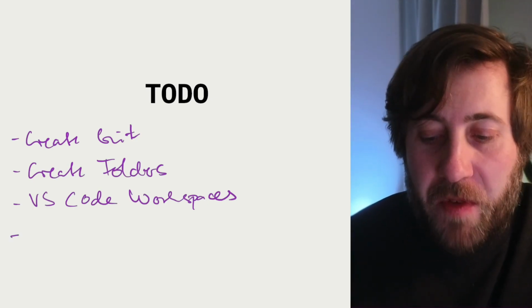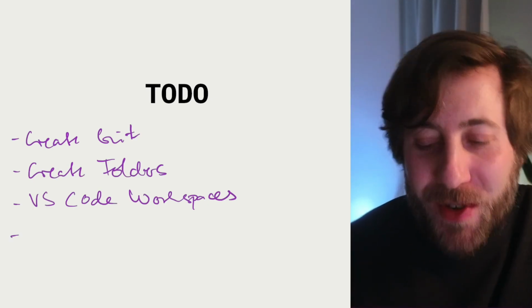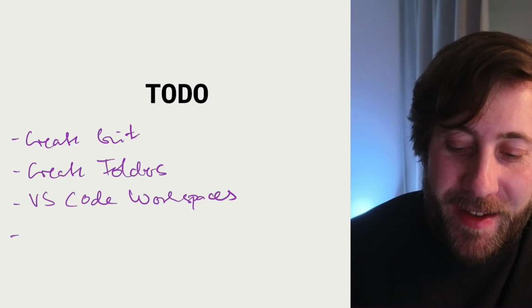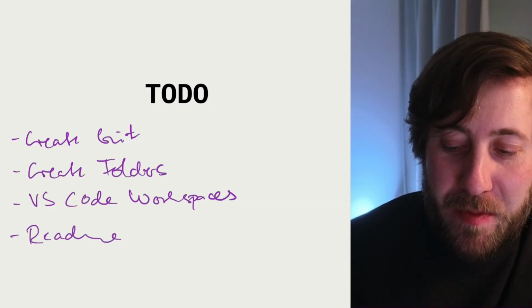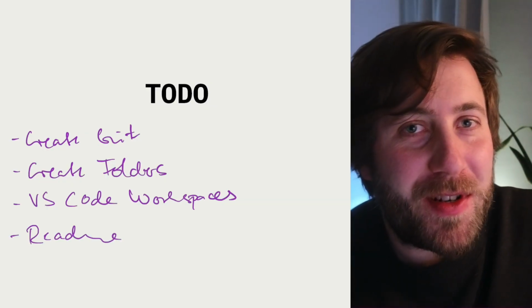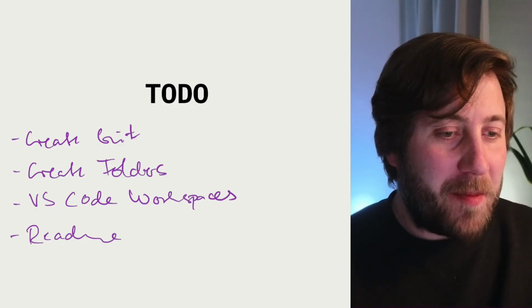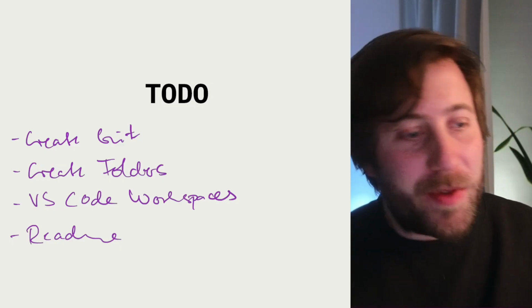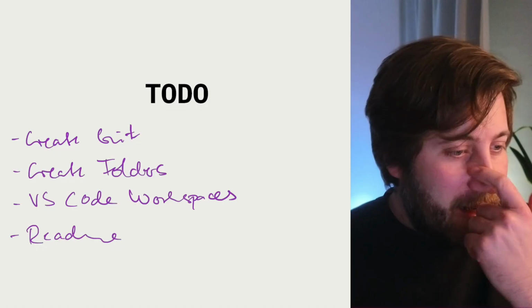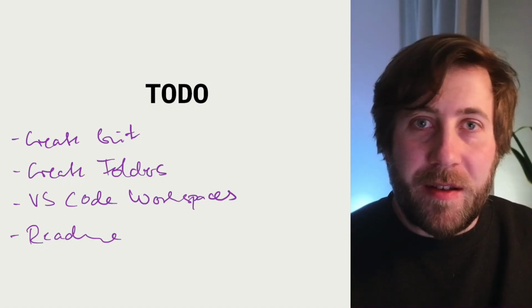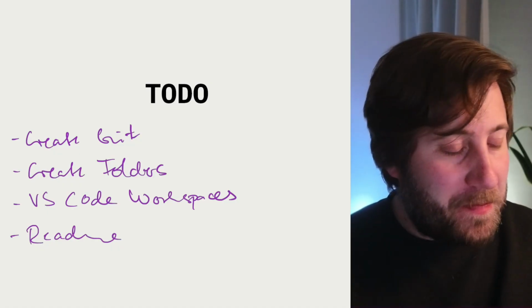And finally, and that's the connection to the Git repository, I want to have some README files. These will probably be some placeholders, but I'd like to have a bit of explanation of what the folders are about and fill them as I go with the project. So that is basically the idea of what I want to do today.